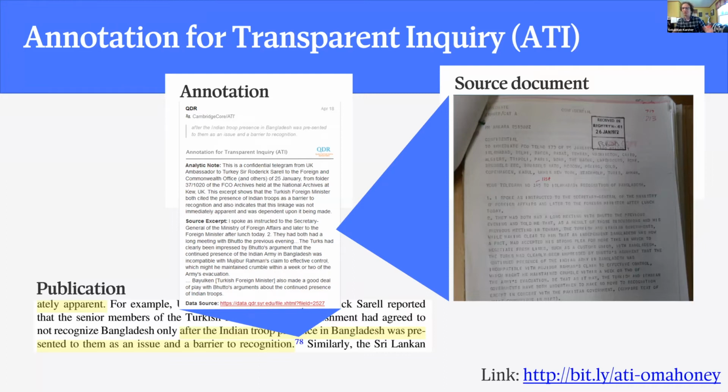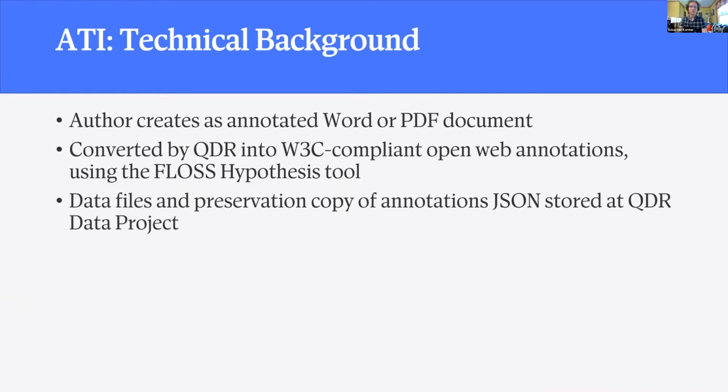This contrasts with quantitative research, where the main analytic work happens in a figure or a table that's produced by some code that you can then deposit for transparency, as Matthew just showed. And so we built ATI to make that process visible. On a technical level, the way this works is we have the authors just create annotated Word or PDF documents, so they don't have to interact with any new technology.